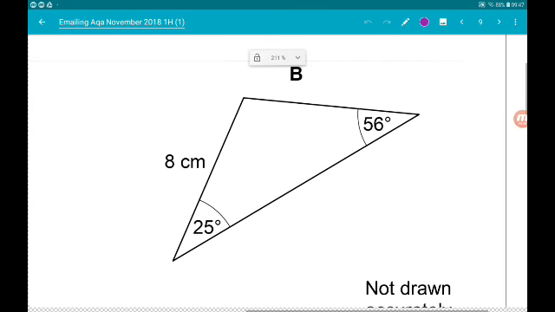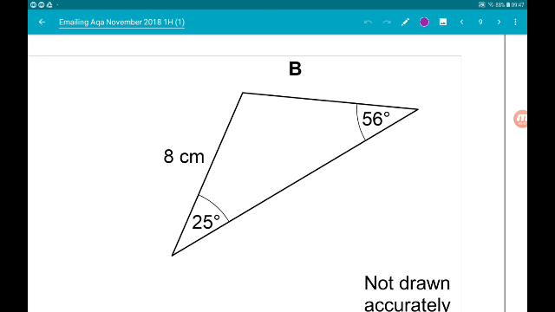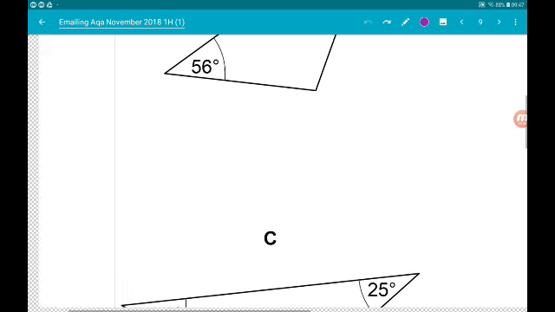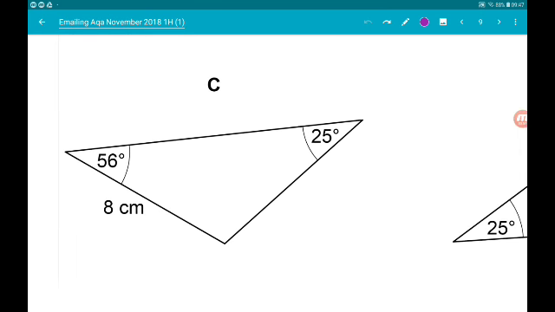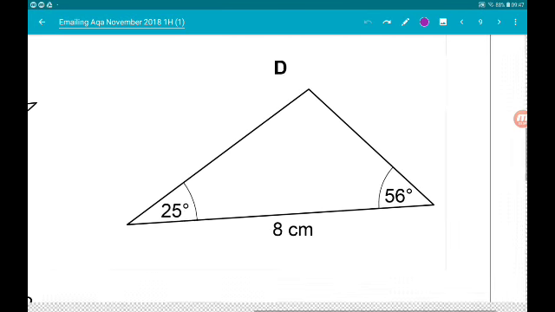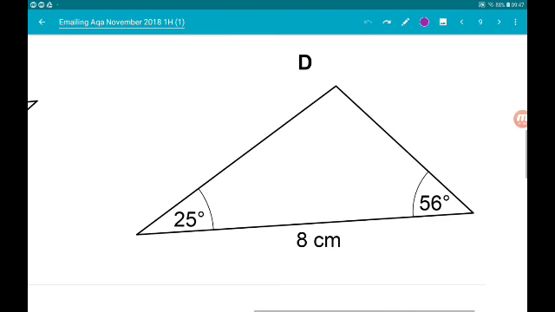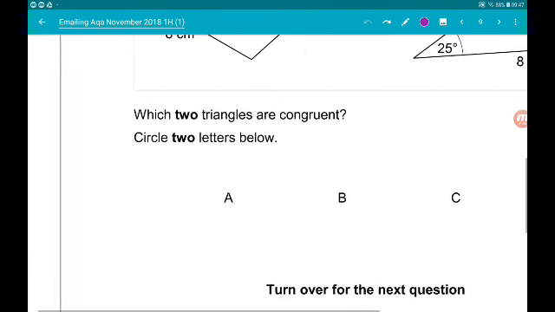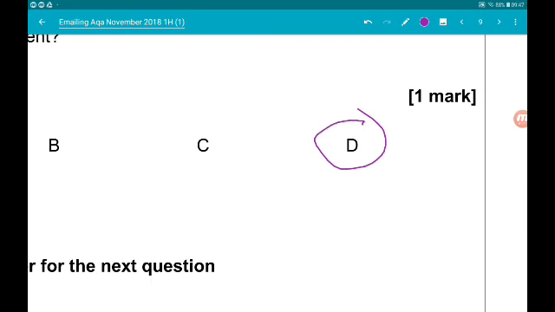Well, B has the same 2 angles, but if it was congruent, we would need this side to be 8. So that's a no. C again has the same two angles, but not the same side length connecting them. What about D? Same two angles, same length between them, so it's A and D. Cool.